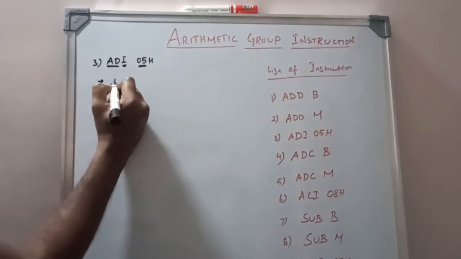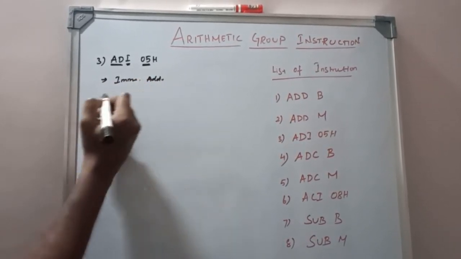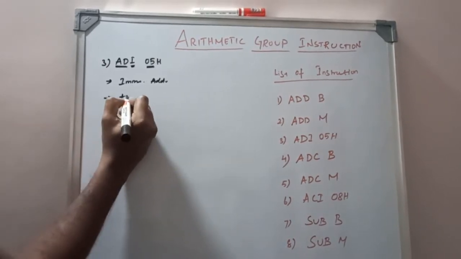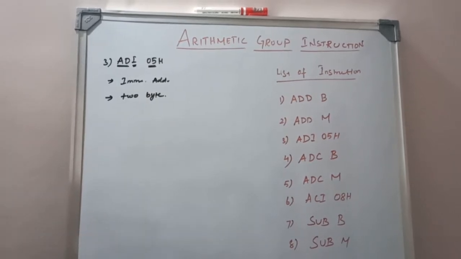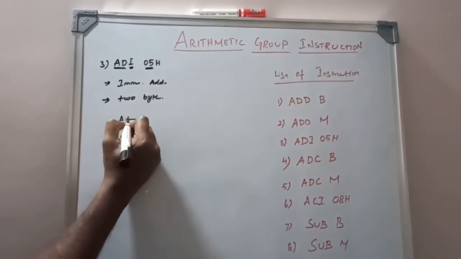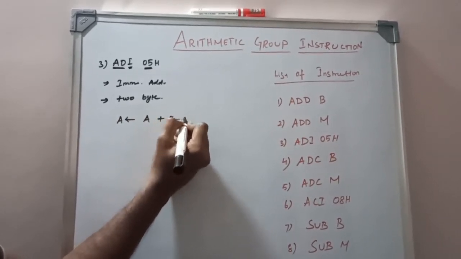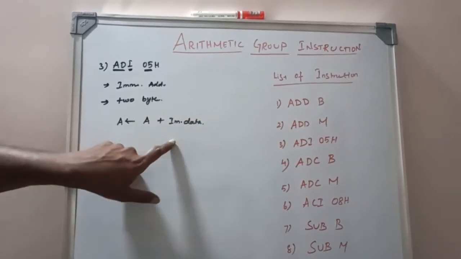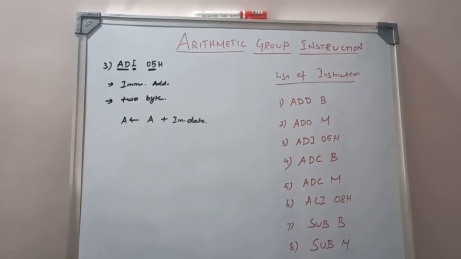The type of addressing mode is immediate addressing mode, and it is a 2 byte instruction. The function is A gets A plus immediate data. Whatever immediate data is present in the instruction is added to the accumulator content.